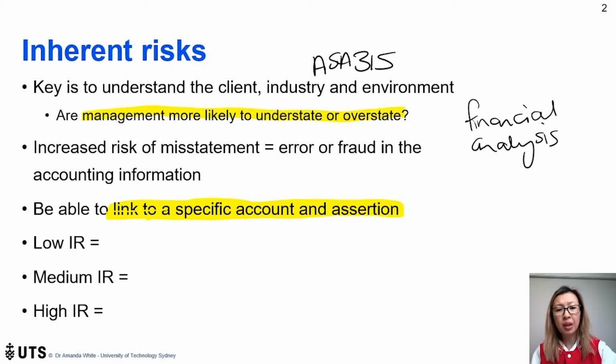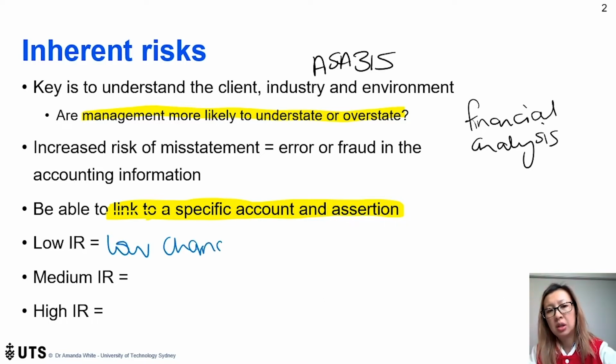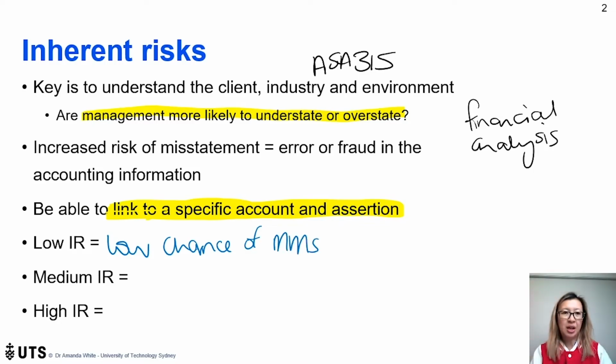Now, sometimes students get a bit confused as to what it means by having low, medium, and high inherent risk. This comes from using your professional judgment, but as we're developing that professional judgment, here are some guidelines. So low risk is that we think there's a low chance of material misstatements in the financials. So you think that the inherent risks are relatively small and they're unlikely to occur.